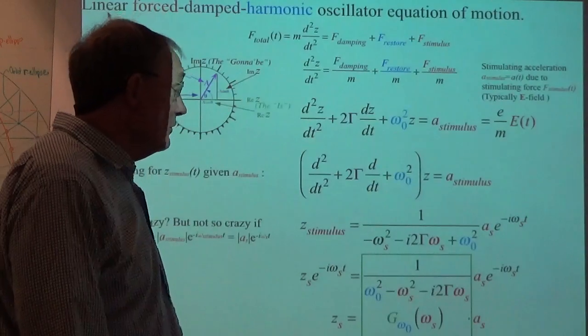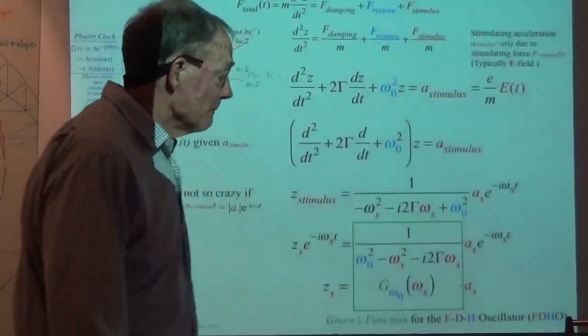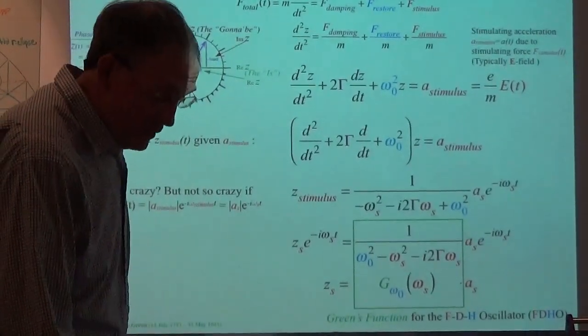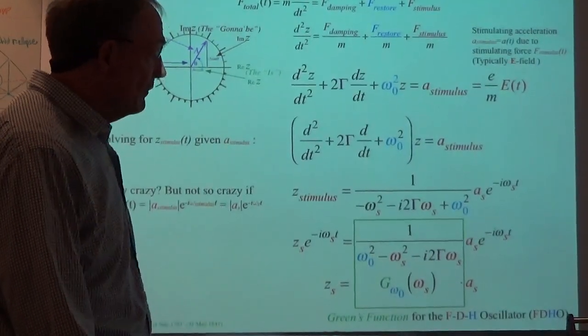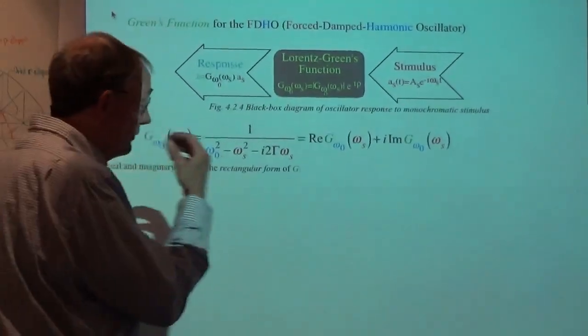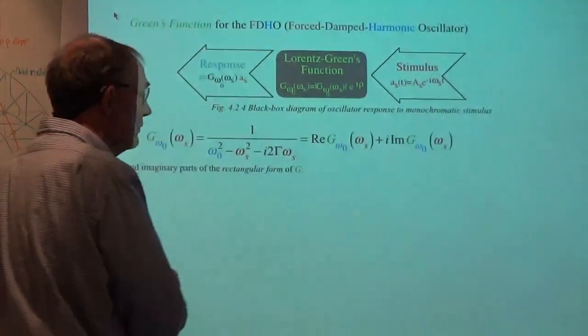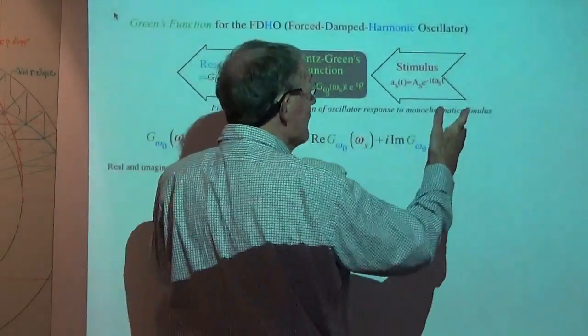Okay, so there's the Green's function solution for a forced damped harmonic oscillator. As I say, this is really the end of the lecture mathematically, but we have a lot more to say about this. The way I like to draw it sometimes is, here comes a stimulus, and a lot of this stuff is done by Jewish people, and some of them know Hebrew.